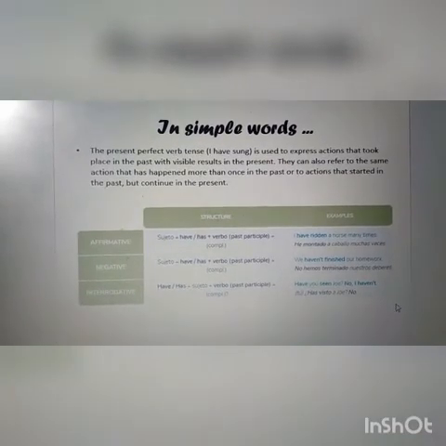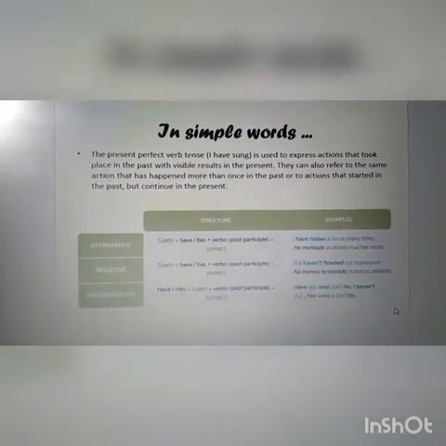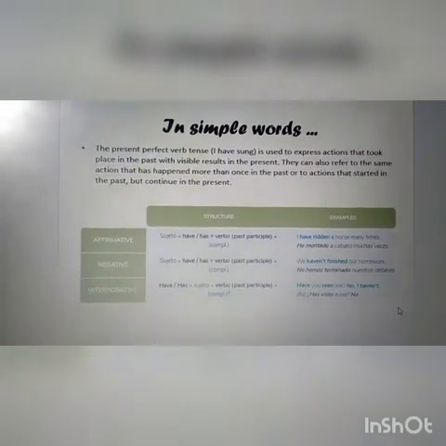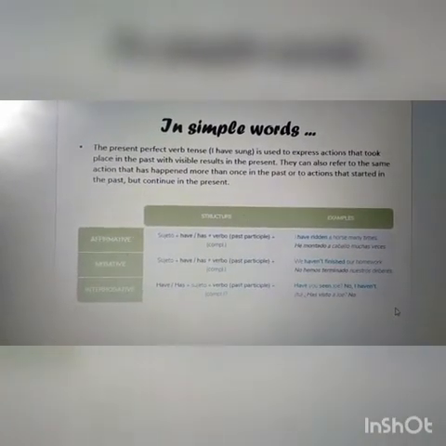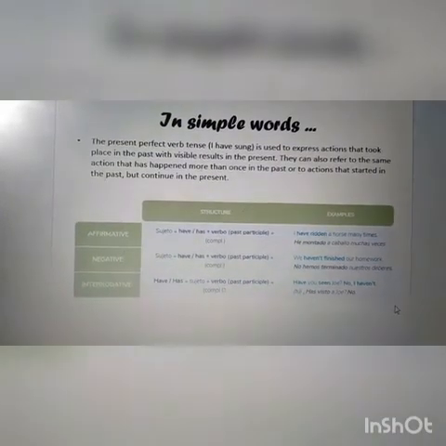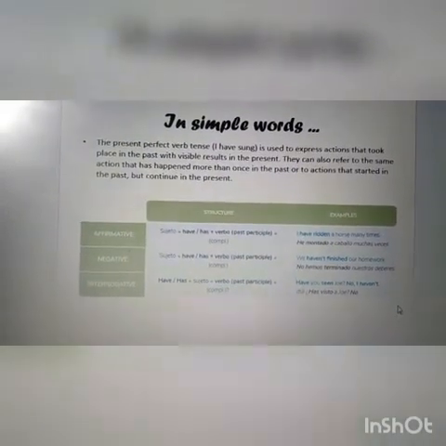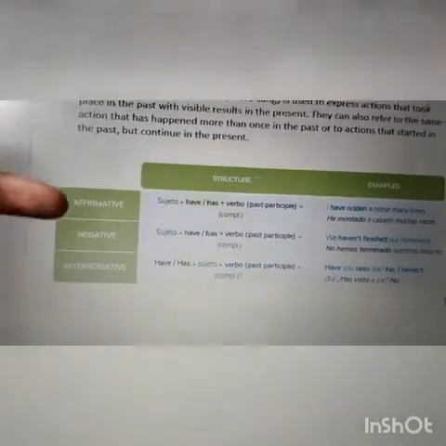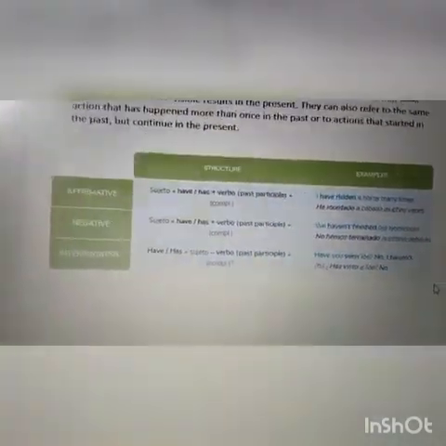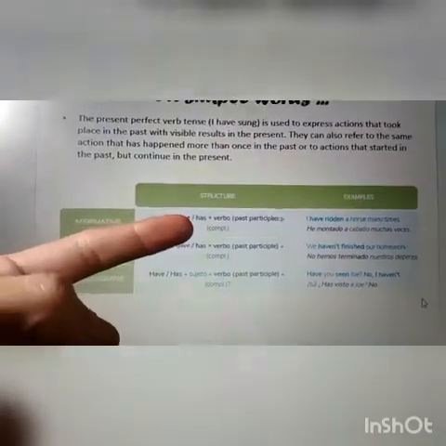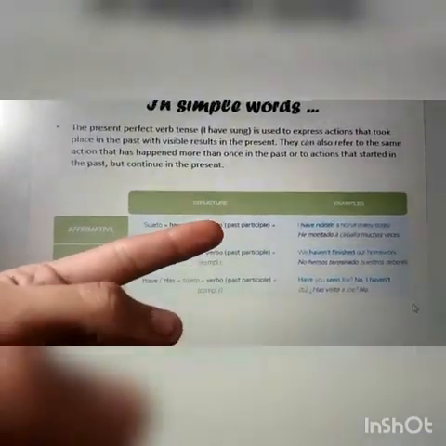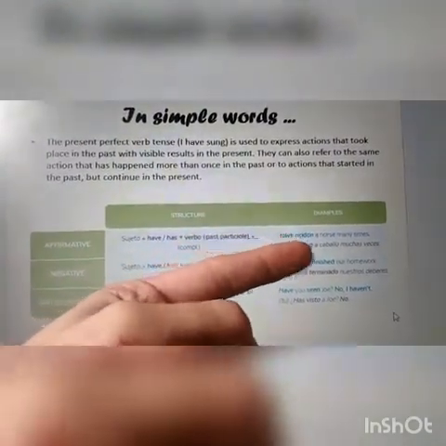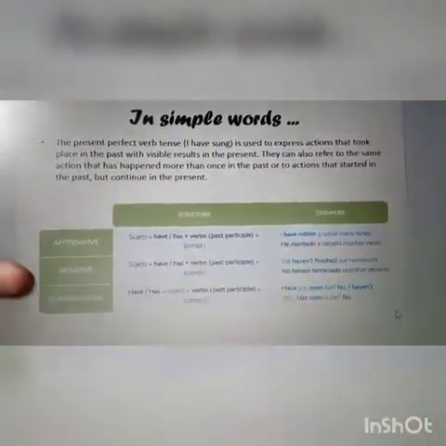In simple words, the present perfect verb tense is used to express actions that took place in the past with visible results in the present. They can also refer to the same action that has happened more than once in the past or to an action that started in the past but continues in the present. Affirmative structure: subject, have or has, verb in participle. Example, I have ridden a horse many times.